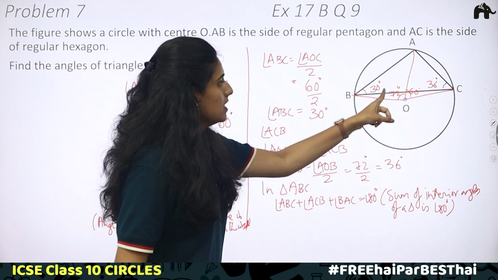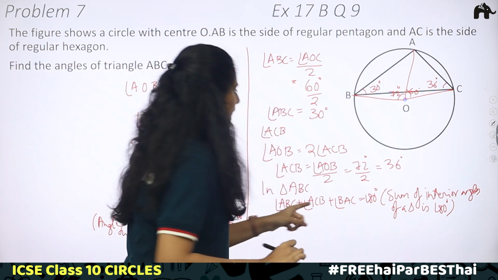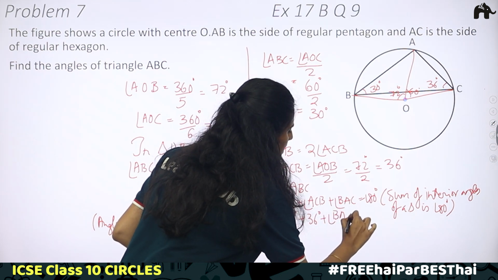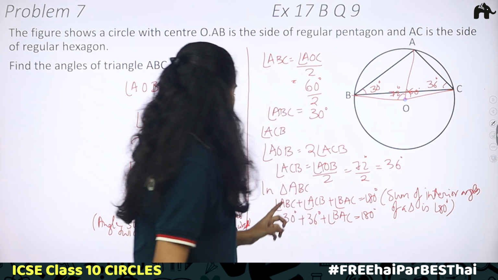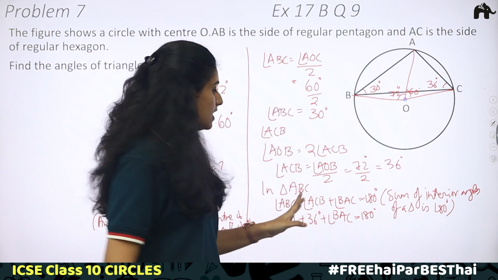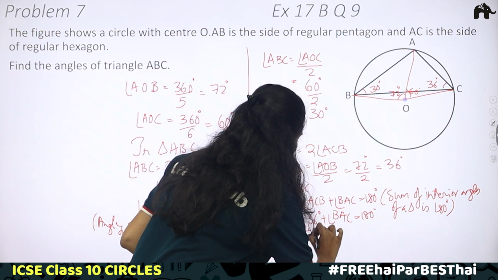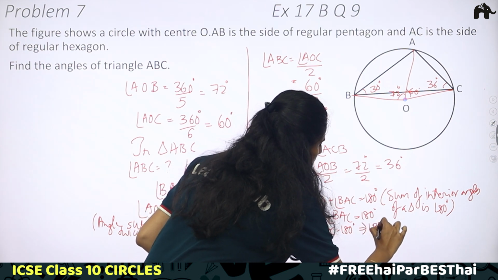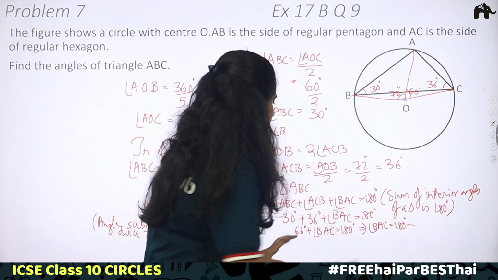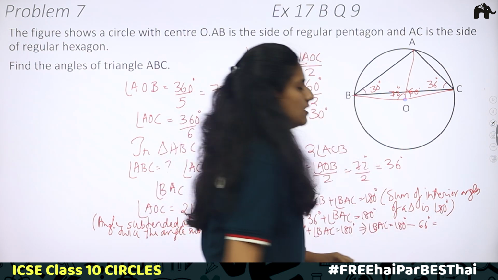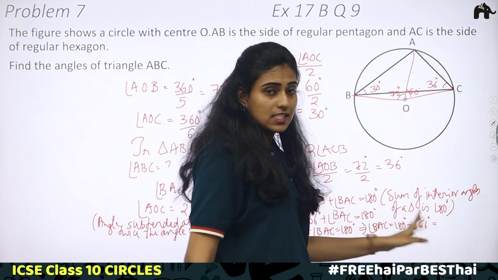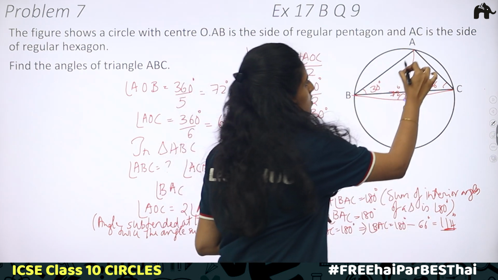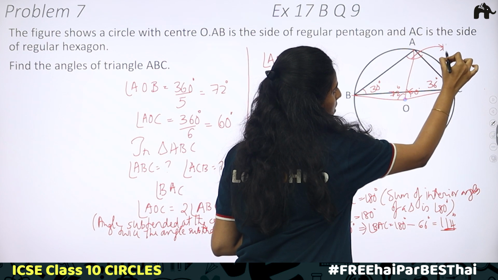ABC is 30 degrees plus ACB is 36 degrees plus BAC, which we have to find, is equal to 180 degrees. 30 plus 36 is 66 degrees. 66 degrees plus BAC is equal to 180 degrees, which implies BAC is equal to 180 degrees minus 66 degrees, we get 114 degrees. Angle BAC is equal to 114 degrees.